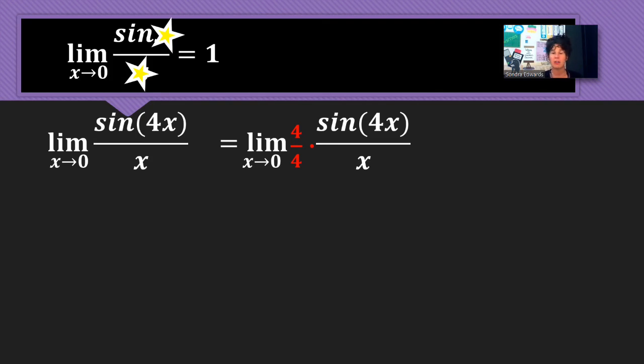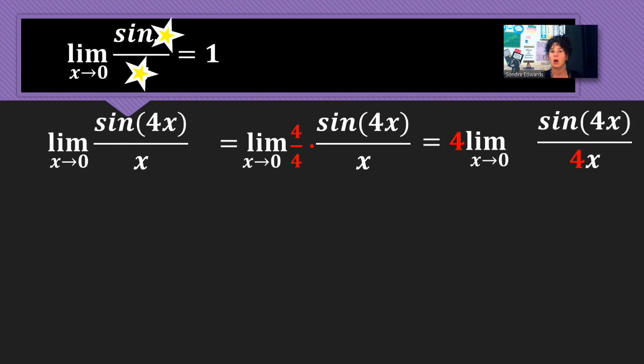If I do multiply the numerator and denominator by 4, well, the denominator would be 4 times x, so 4x. Now the numerator is 4 times the sine of 4x. The 4 in the numerator we can think of as a constant multiplier because I don't really want it there. So I'm going to take the 4 that's here and throw it out front using that property of constant multipliers.